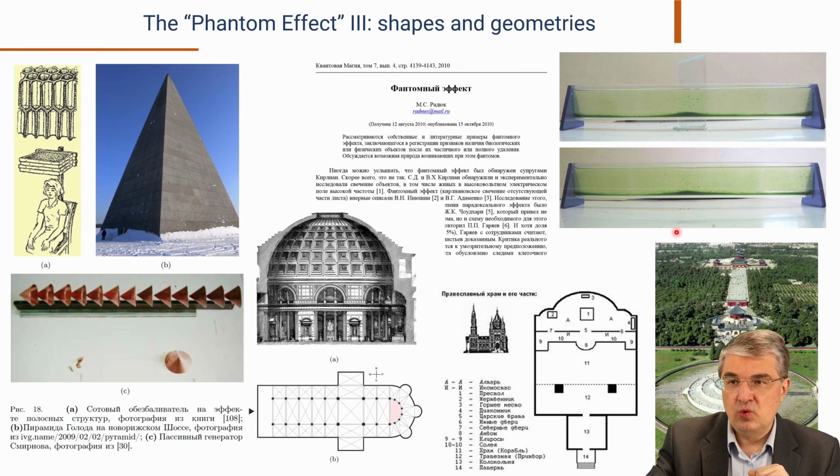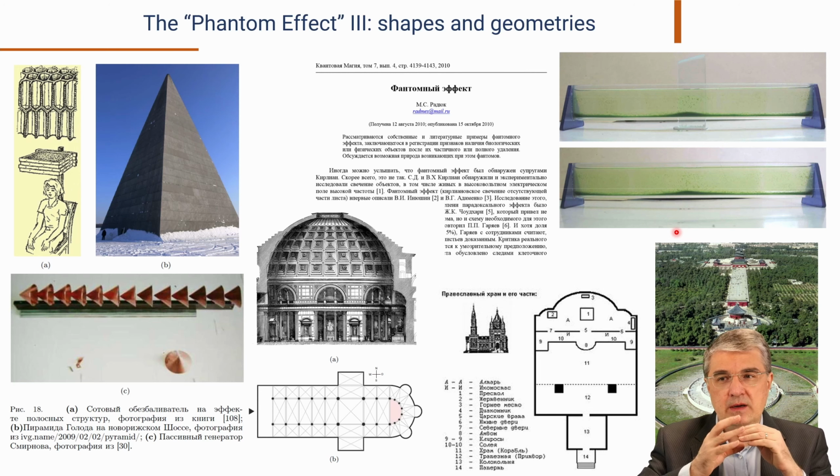The next group of appearances of the phantom effect is related to shapes and geometries. It has a close relationship to the previous effect of spatial memory. If you remember Kozyrev's definition, Kozyrev says that this effect is very similar to accumulation of influence in specific places.